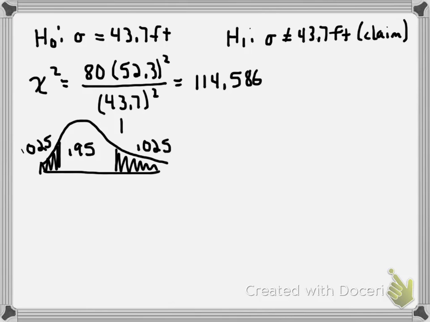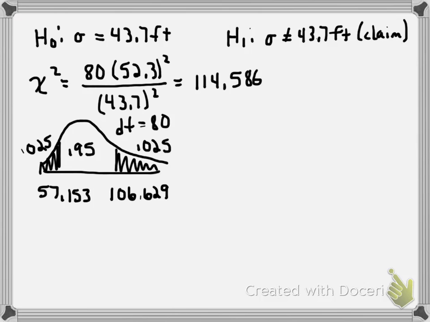We just mentioned a bit ago that the degrees of freedom is 80. So use table A4 to find the critical values, and you should find that chi-square on the left is 57.153 and chi-square on the right is 106.629.